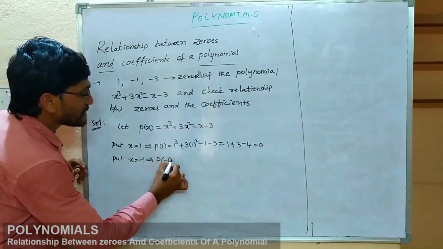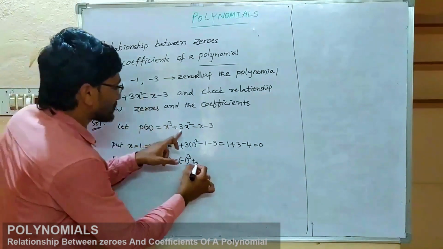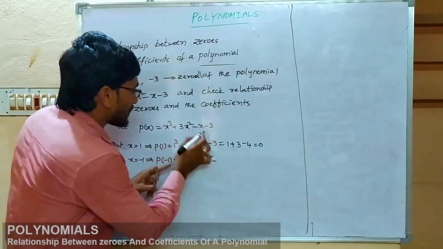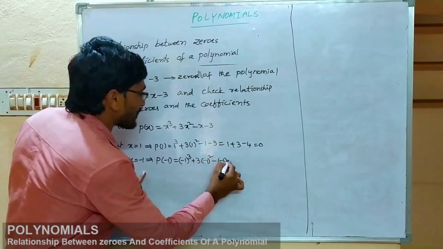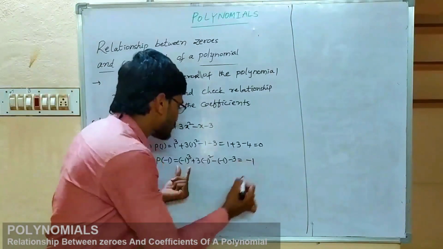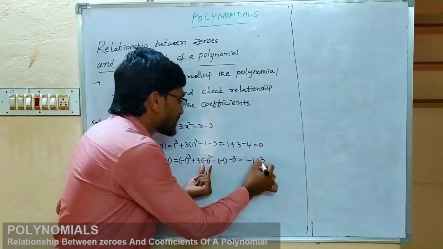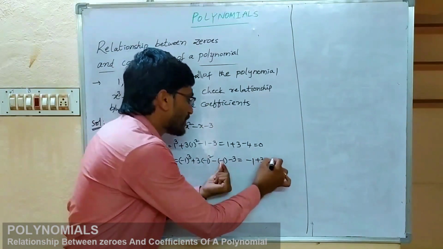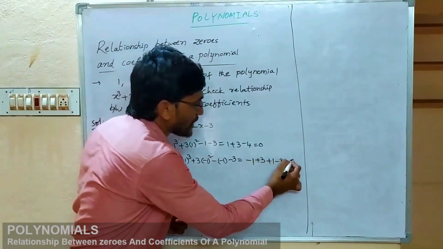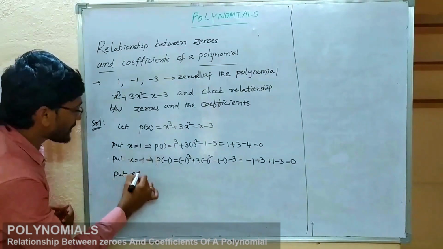P of minus 1 is equal to (minus 1) whole cube plus 3 into (minus 1) whole square minus (minus 1) minus 3. Minus 1 whole cube is minus 1. Minus 1 whole square is 1, 1 into 3 is 3. Minus 1 plus 1 is 0, plus 3 minus 3 is 0. Totally 0.